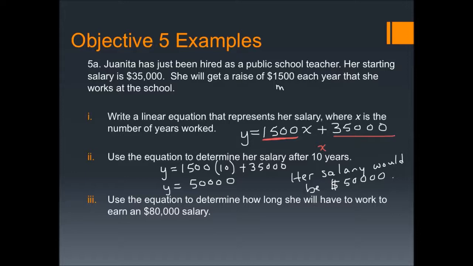Part 3 of this one says to use the equation to determine how long she will have to work, in other words x, to earn an $80,000 salary, y. So this time it's giving us y. We've got to plug that into our equation and solve for x. So take 35,000 away from both sides.